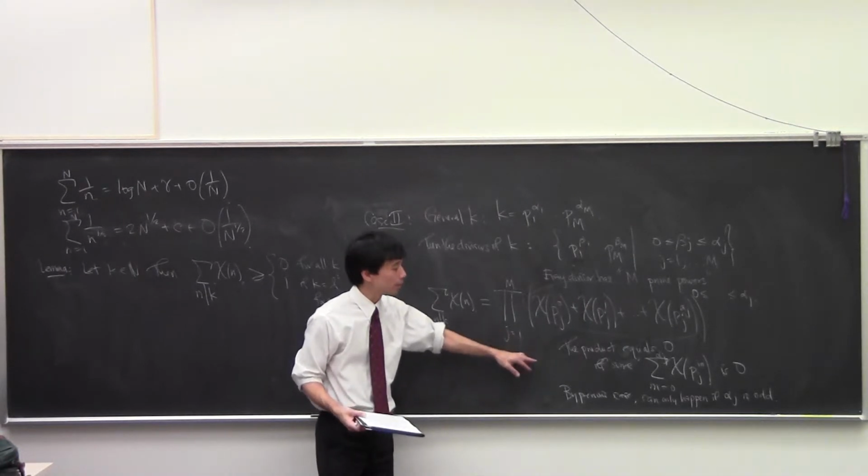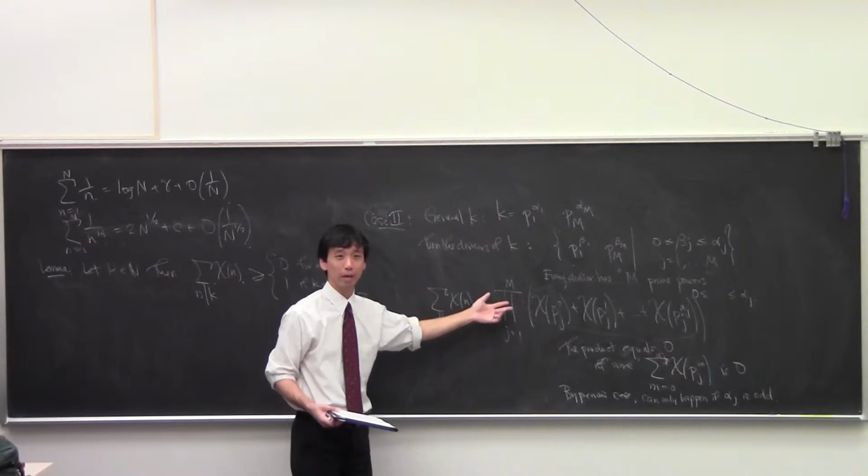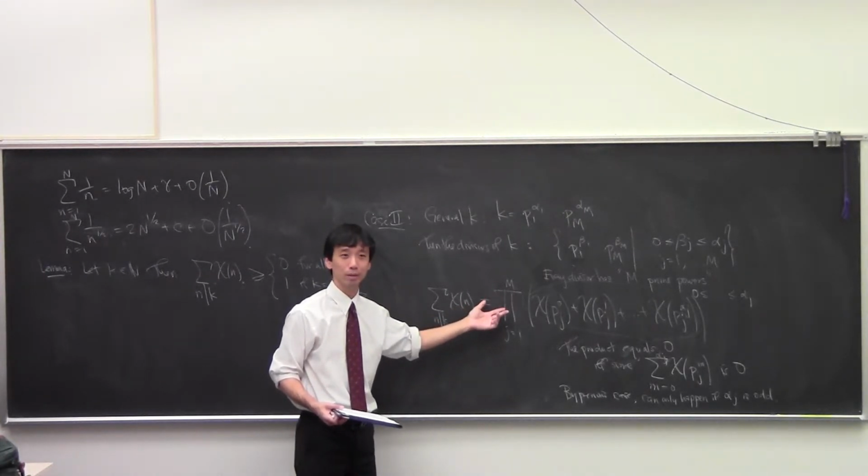In that case, it's not a square. And so, if you have a square, then you're guaranteed to have 1, or something bigger than 1.